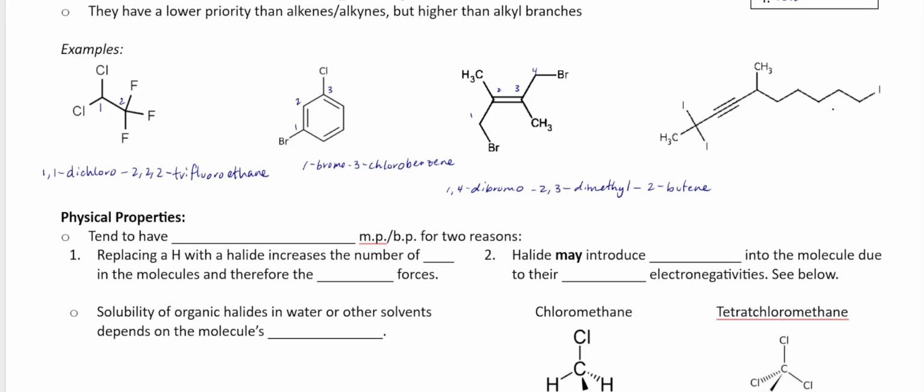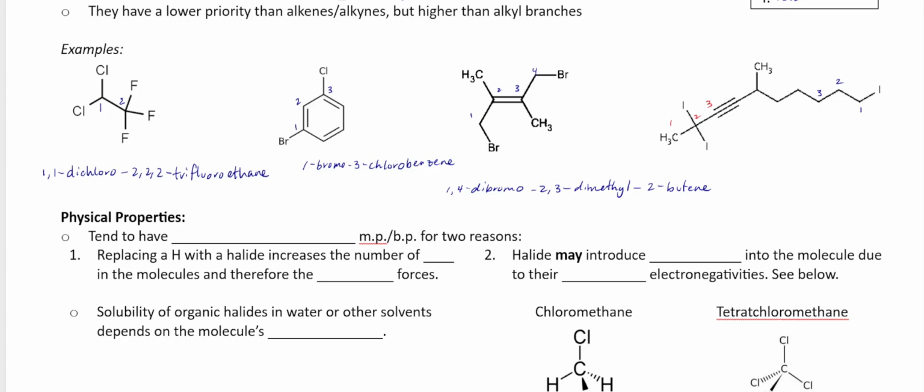If we look over here, the question is, do I start 1, 2, 3 from this end, or do I start 1, 2, 3 from this end? So am I giving the iodine priority, or am I giving the triple bond priority by giving it the lowest number?